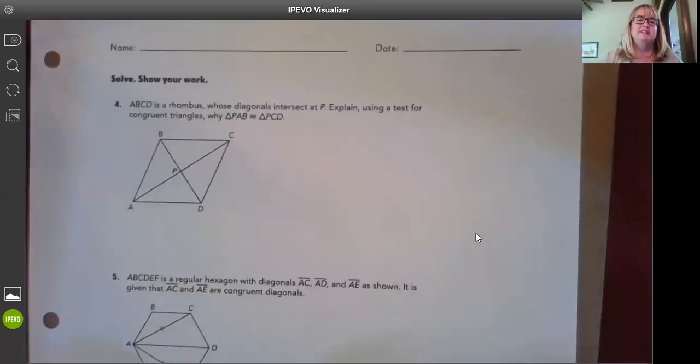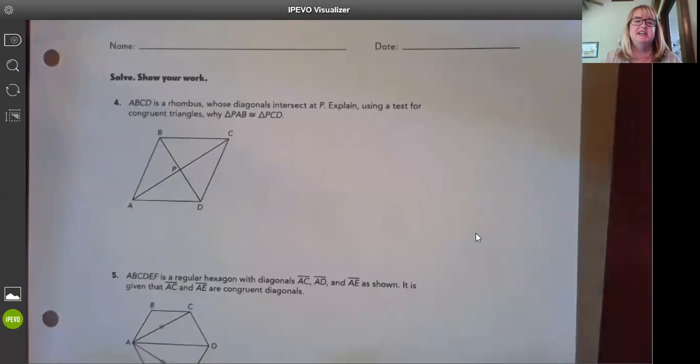ABCD is a rhombus whose diagonals intersect at P. Explain using a test for congruent triangles why triangle PAB is congruent to triangle PCD. I'm going to take my highlighter and highlight the two triangles we're talking about.